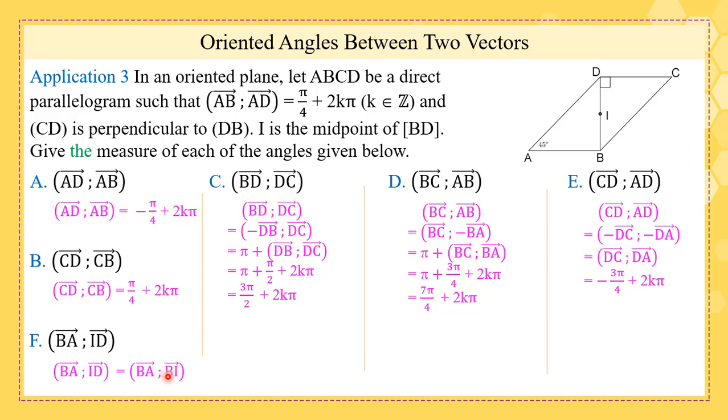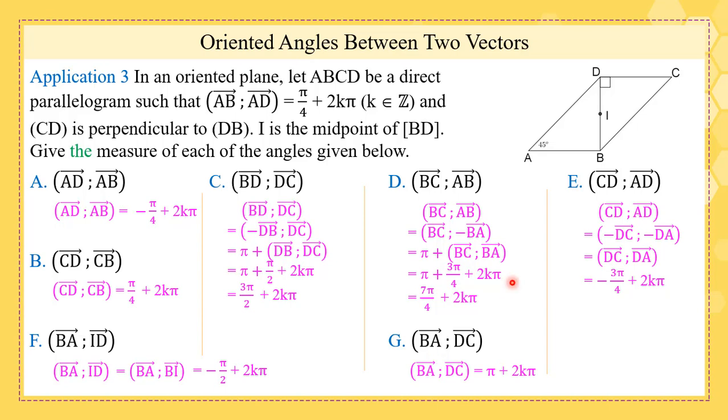We go back to the figure: (BA, BI). It's a 90-degree angle clockwise, so it becomes negative 90. So in case you don't have common letters, try to replace the vector by another vector which is equal to it. Now (BA, DC), try to do it alone.